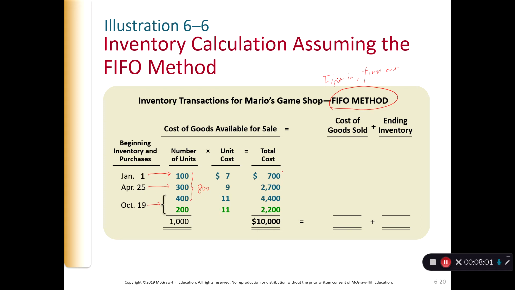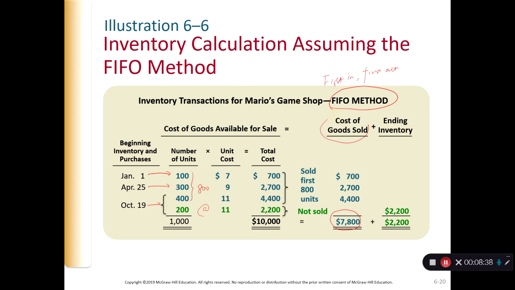So the total cost of goods sold should be 100 times 7, 300 times 9, and 400 times 11. Hence, the cost of the first 800 units sold should be $7,800. And my ending inventory obviously is going to be 200 units at $11, which is the latest purchase, and that equals 2,200.